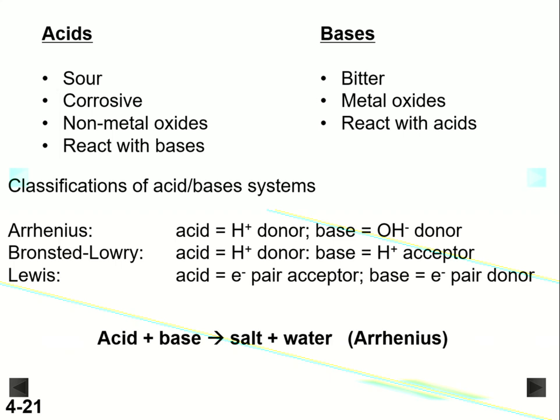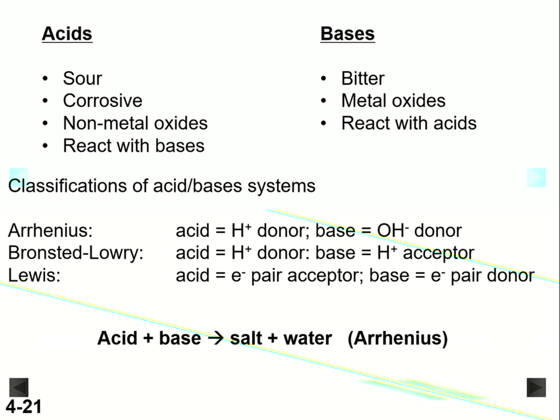The Bronsted-Lowry definition is a little bit broader. It encompasses all the Arrhenius acids, but it includes some others. For the Bronsted-Lowry definition, an acid is a proton donor, and a base is a proton acceptor. A bigger definition yet comes from Lewis.